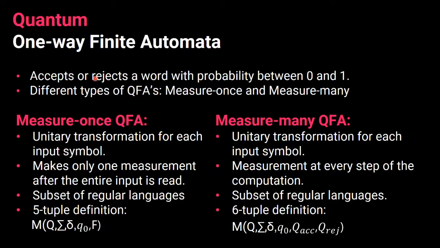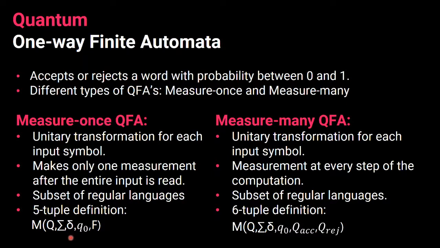The simplest QFA that we're going to talk about is called the measure once QFA. The measure once QFA is defined with a five-tuple definition, and it's very similar to that of a classical finite automata. It's going to begin at an initial state, Q naught, and it's going to be constantly changed by unitary matrices. These unitary matrices are going to be given by the transfer function for each input symbol.